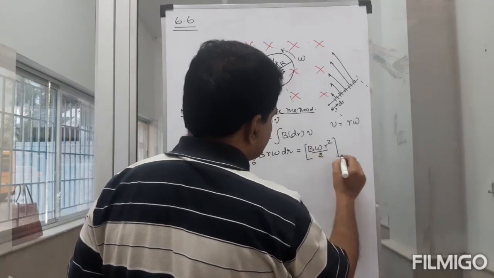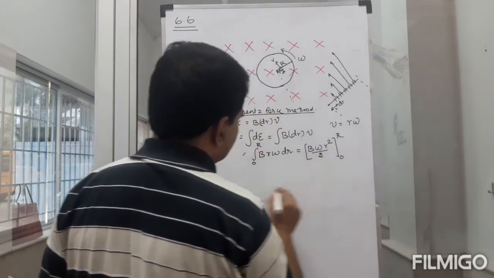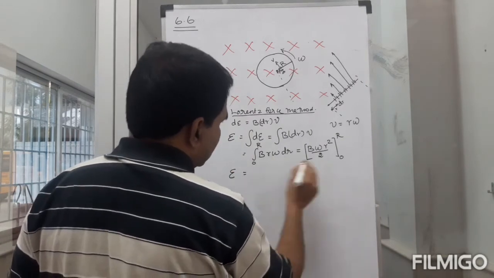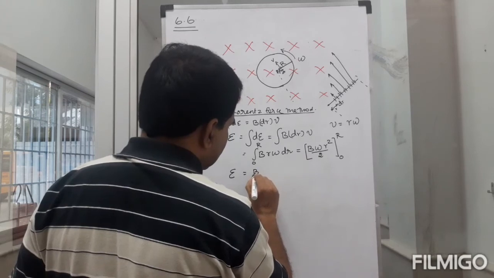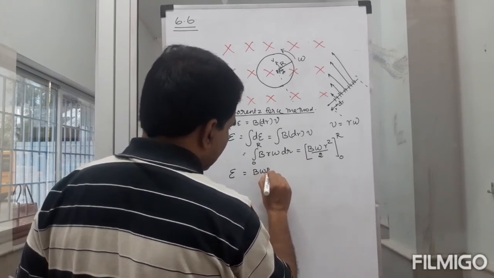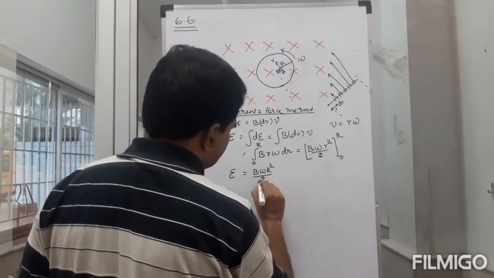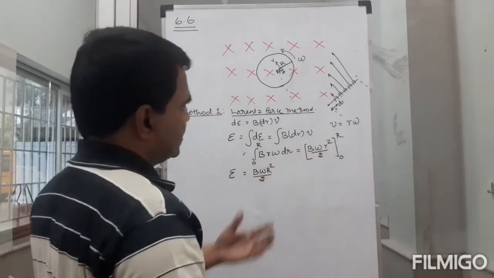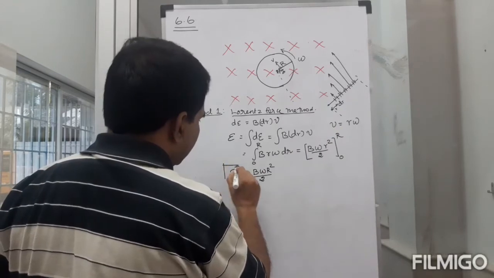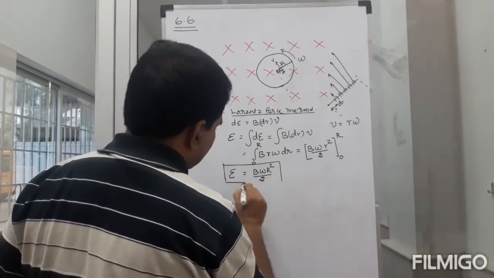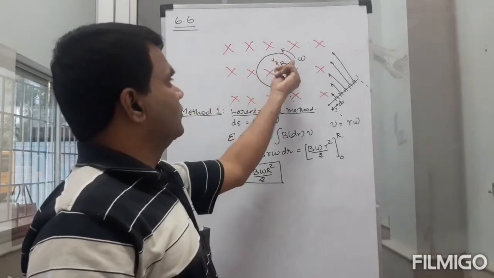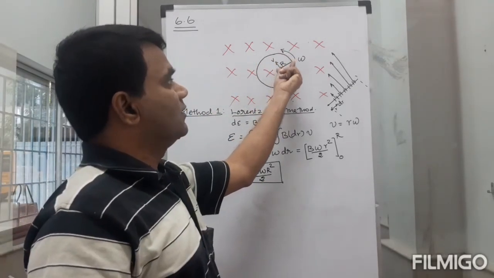If I apply the limits 0 to r, then E is equal to B omega r squared by 2. If you put the r value 0, the other part will be 0. So this would be the expression, the EMF between this point and this point.